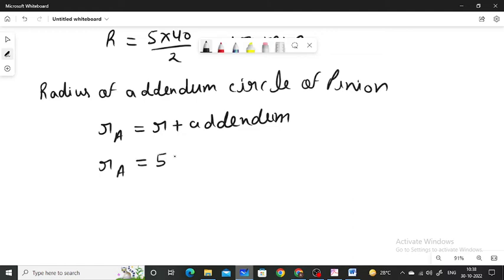Pitch circle radius of pinion is 50 and addendum is 5. So addendum circle radius will be 55 mm.